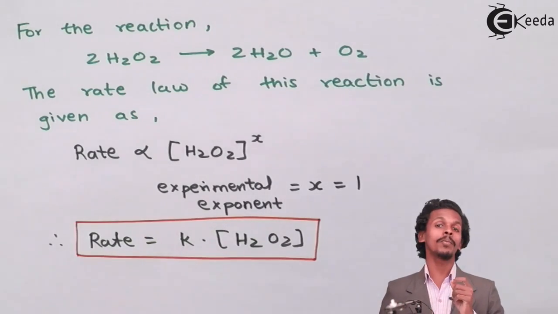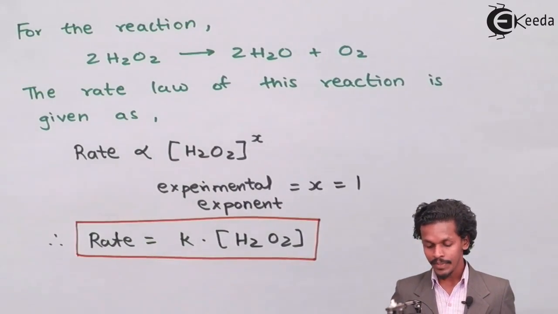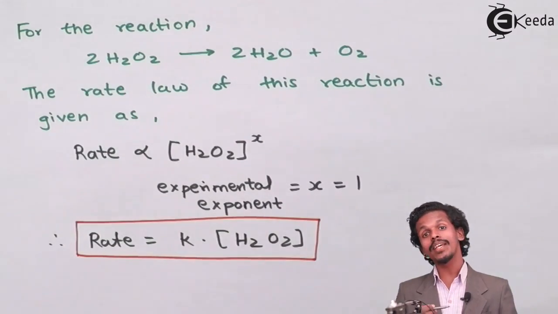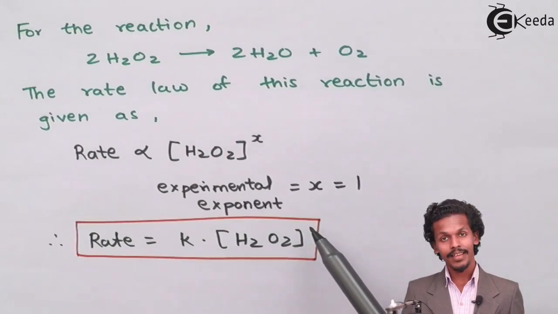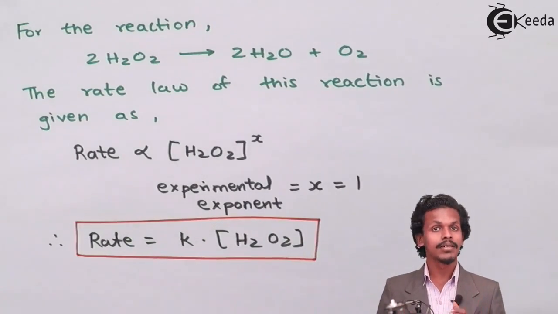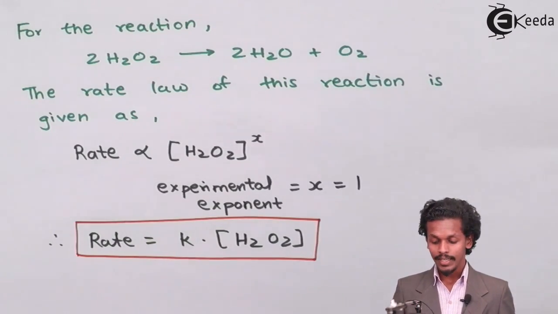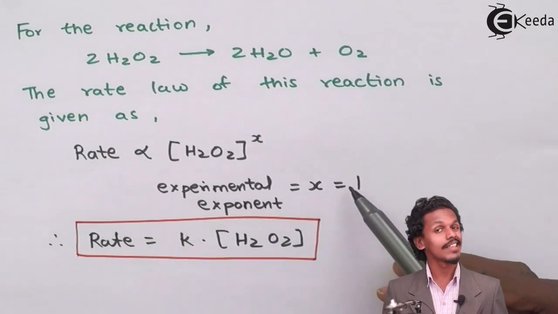Let me tell you one more very important piece of information. As you can see, the stoichiometry of this equation is 2, but according to the rate law, there is no 2 mentioned here, because rate law is an experimental theory in which the experimental exponent is equal to 1.